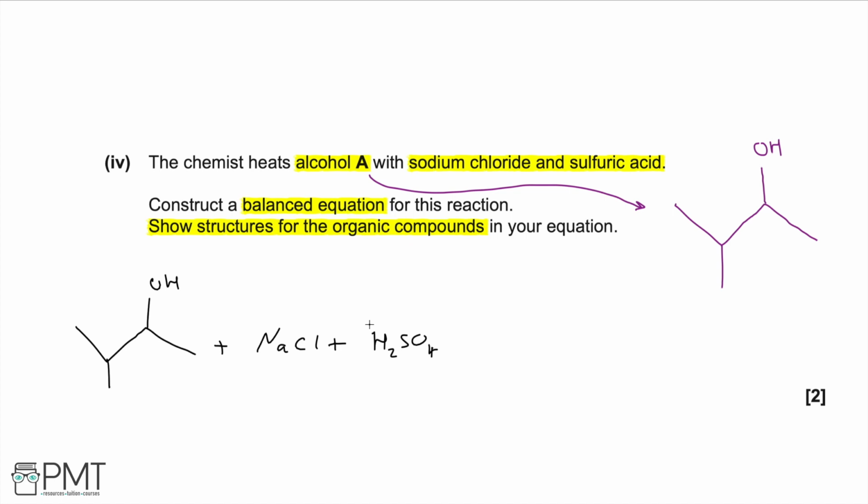So what is this going to do? Well, our sulfuric acid is going to donate a proton to the alcohol, which will turn it into water, which is then going to leave the molecule with a positive charge, and the chloride anion will replace the alcohol group, and we'll be left with a haloalkane. So our products are going to be like this.